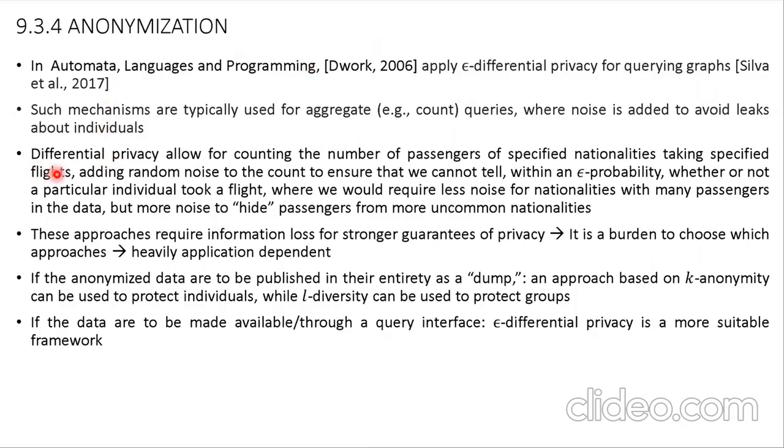To illustrate, differential privacy here allows for counting the number of passengers of specified nationalities taking specific flights by adding just enough random noise to the count to ensure that we cannot tell, within certain probabilities controlled by the value epsilon, whether or not a particular individual took a flight.